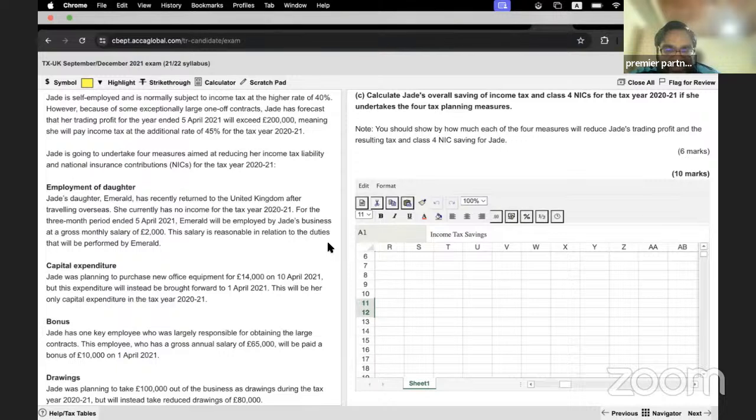Right. So decrease by 10,000. Okay. Yes, I agree. If she pays another bonus, that will be an employment cost. So yes, tax adjusted trading profit will come down by the bonus amount, which is 10,000 pounds in this case.